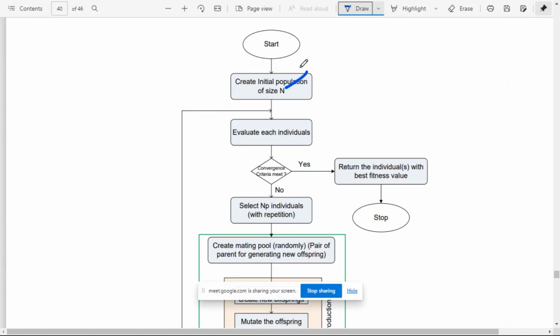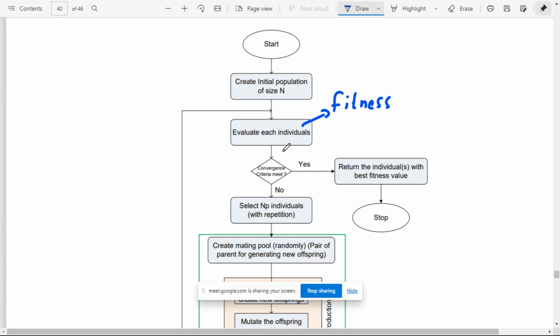So in a simple genetic algorithm, initially we start with the initial set of population n. Then we evaluate each individual. This is also called evaluating the fitness of each individual. We assign a fitness score to every individual, and then we take the one with the highest fitness and check whether convergence is met or not.